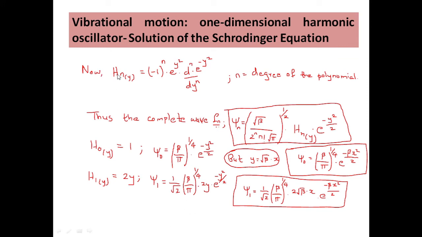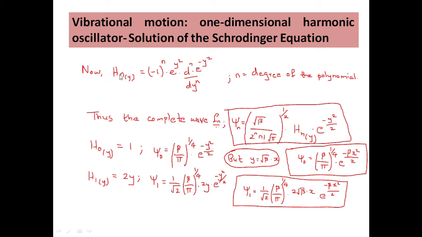Now, the Hermite polynomial of degree n is defined as Hn(y) is equal to minus 1 raised to n into e raised to y squared into the nth derivative with respect to y of e raised to minus y squared.